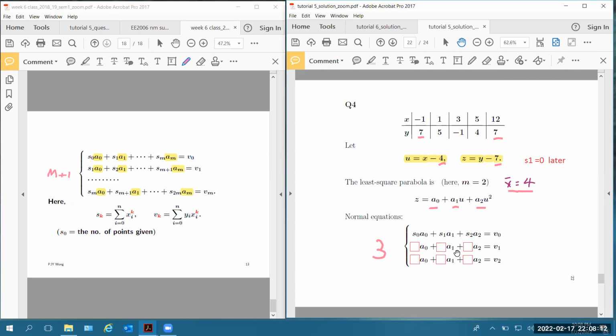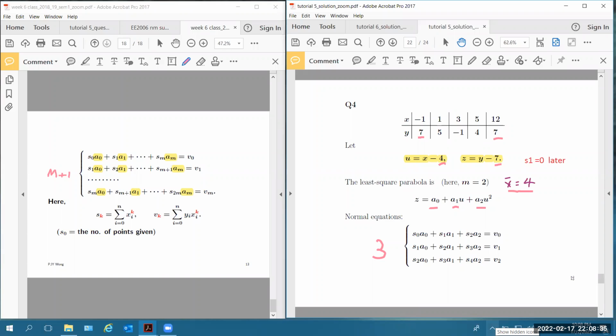S1, S2. Okay, when you come to your second equation, now you add 1 from above. All right, so S1, S2, S3. All right, and then this one is S2. Can you see there's a pattern? S3, S4. All right, see, now you got your normal equations already.